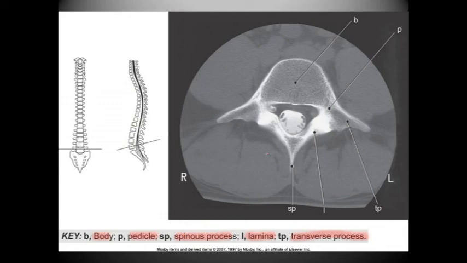Once again, we've kind of seen this image tossed around. We have the body, lamina, pedicle, or sorry about that, I got ahead of myself. This is pedicle, this is the lamina. Spinous process, transverse process, contrast in probably the subarachnoid space, psoas muscle.